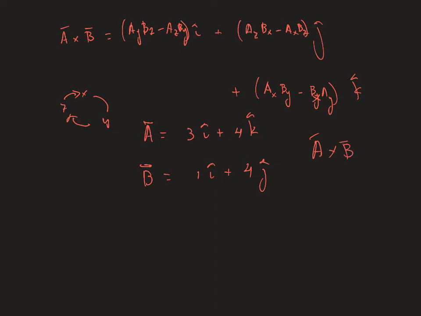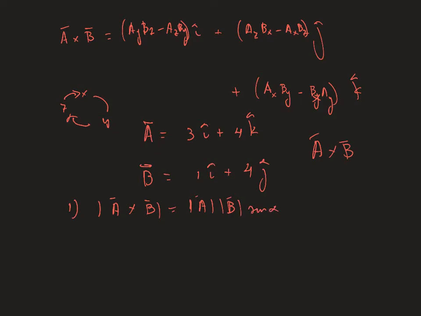So first, I want to find the magnitude of A cross B. You can find the magnitude, but you don't have the angle. It's the magnitude of A times the magnitude of B times the sine of alpha.